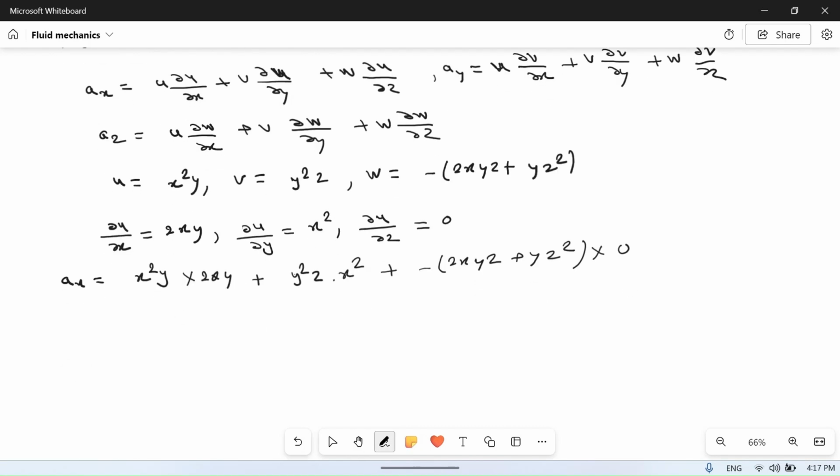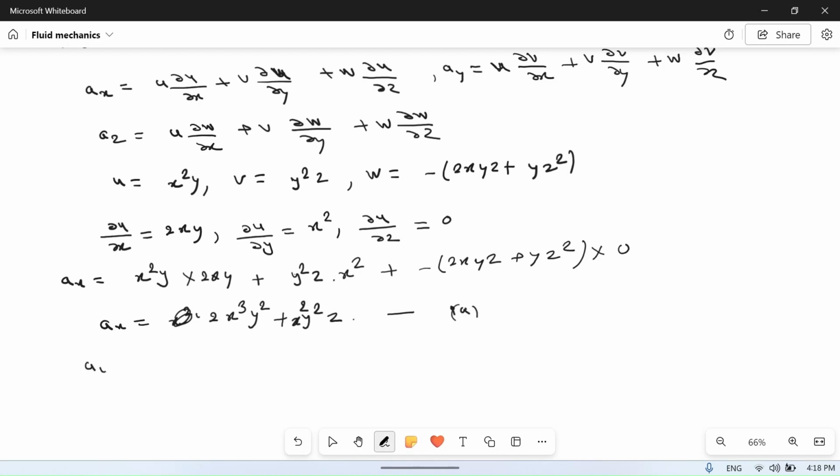So it will become ax is equal to x square y, sorry, if you multiply it, 2x cube y square plus x square y square z. So this is our ax, or acceleration in the x direction. This is equation 1a.